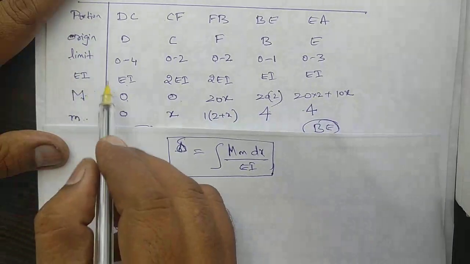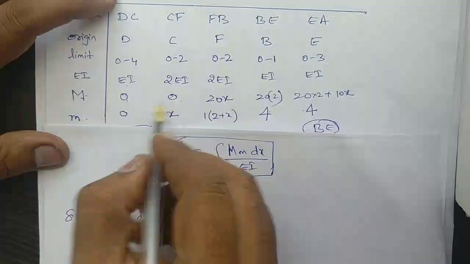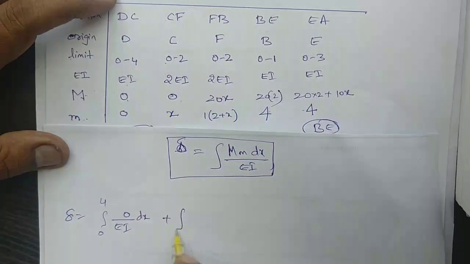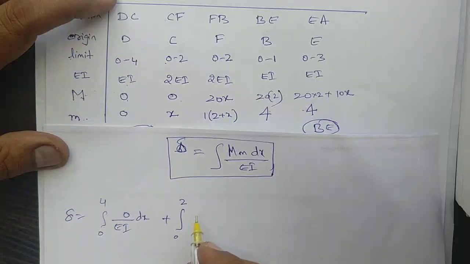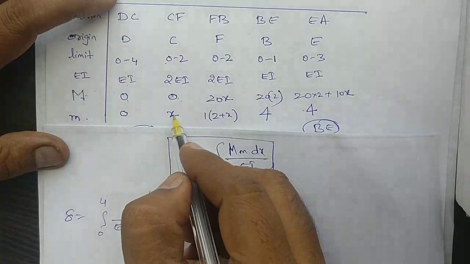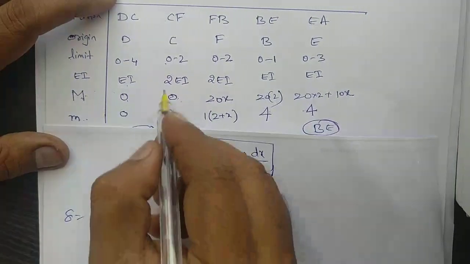This is for DC. Next CF plus, your limit is 0 to 2, and your capital M is 0 into x, 0 into x small m by EI. You have 2EI here.